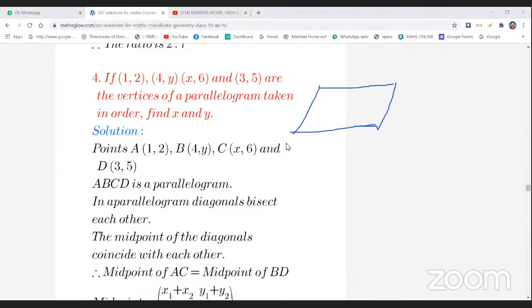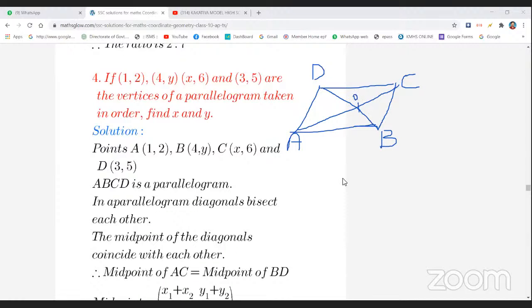Consider it is A, B, then C, then D. Next, let us draw the diagonals also, and mark the diagonals' intersecting point.